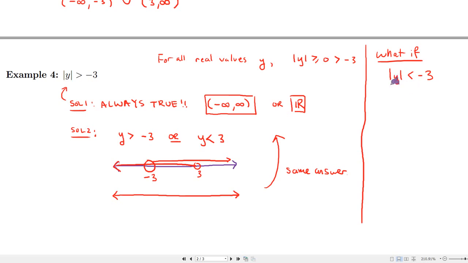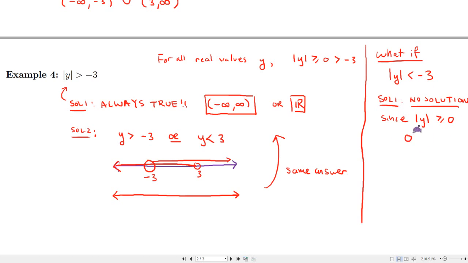There's no way that I could take the absolute value of something and then be smaller than a negative 3, because I'm not even going to be negative, right? And if you try to solve it the same old method, this is impossible. So solution 1 to this thing, no solution, since the absolute value of y is definitely non-negative, greater than or equal to 0.